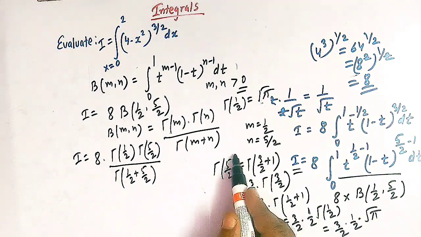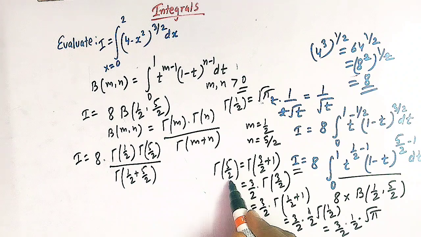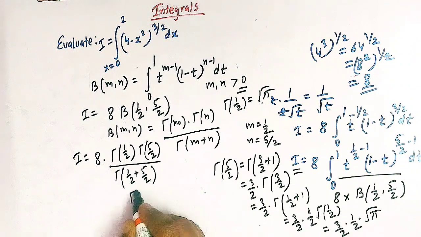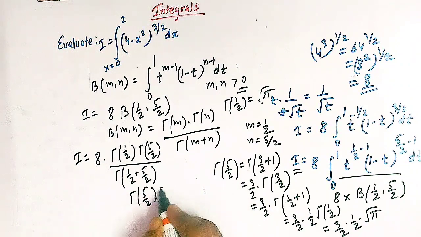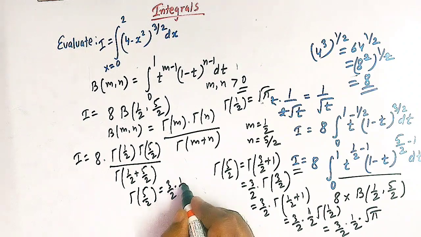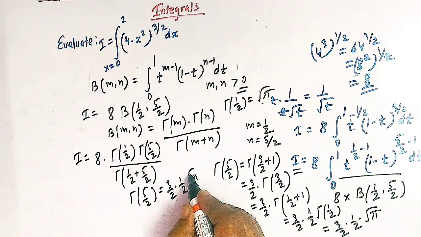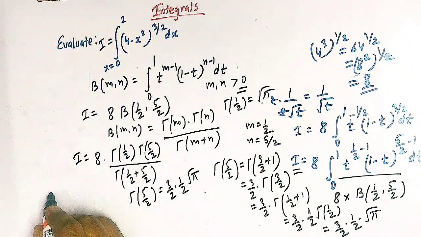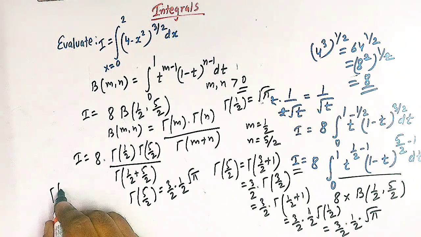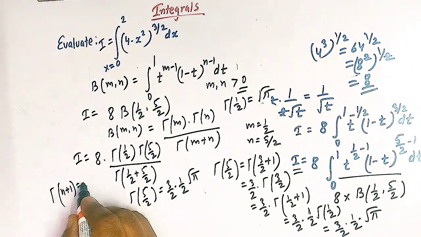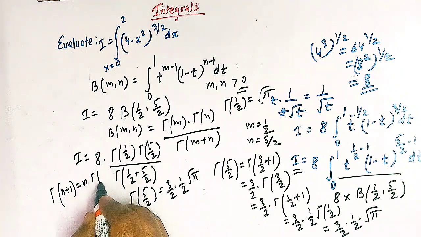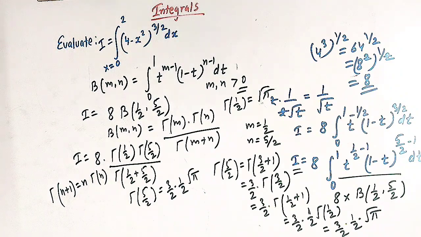So here to get the value of gamma of 5 by 2 as 3 by 2 times half times square root of pi, we have used the result that gamma n plus 1 can be written as n times gamma of n, right?